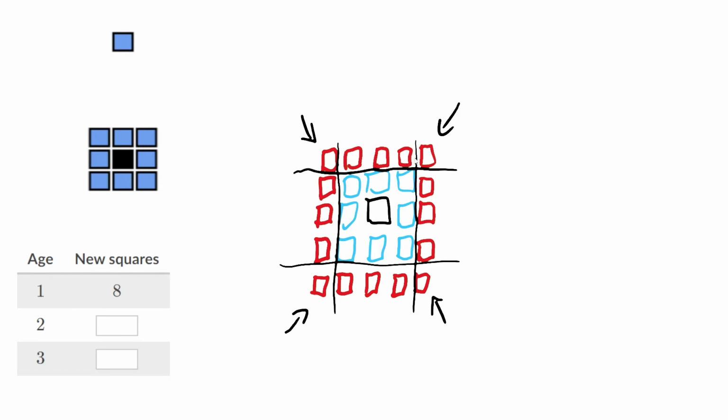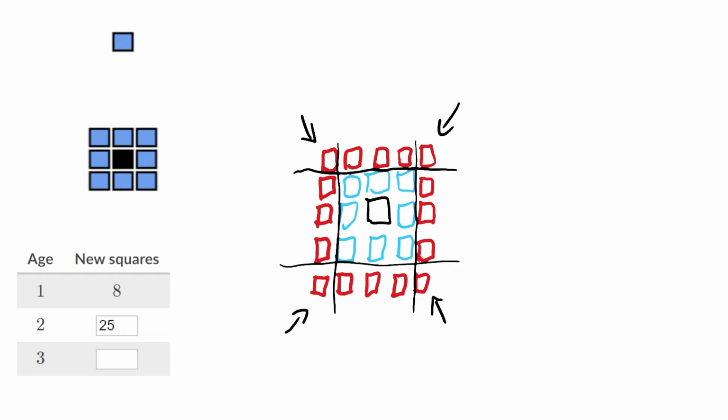1, 2, 3, 4, 5, 6, 7, 8, 9, 10, 15, 20, 25. We're at 25 right now, so I'll go ahead and put that in here. But now, to add it again, I'm just going to count up all of the squares here, the red squares specifically.